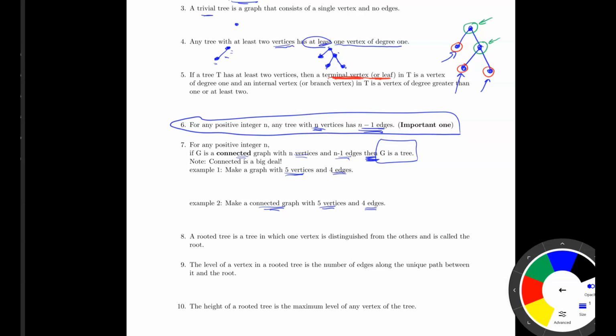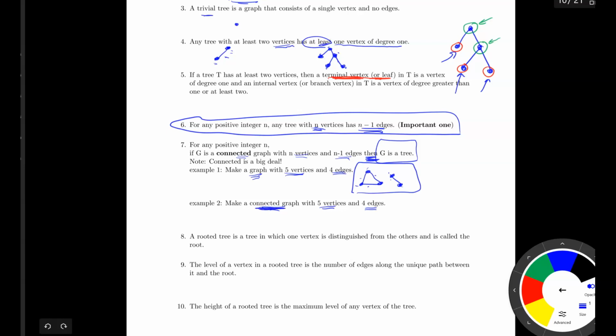There's a difference here. So if I have 5 vertices, 1, 2, 3, 4, 5, right? 1, 2, 3, 4 edges, 1, 2, 3, 4, 5 vertices. That's a graph, right? It's not connected. Didn't say it had to be connected.